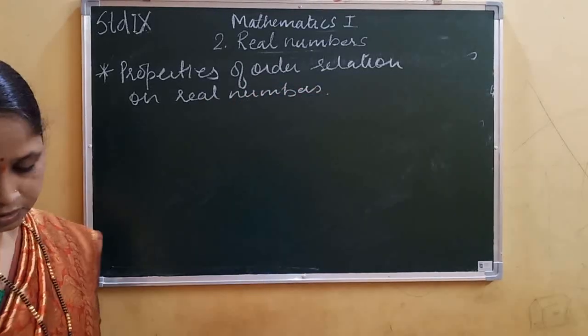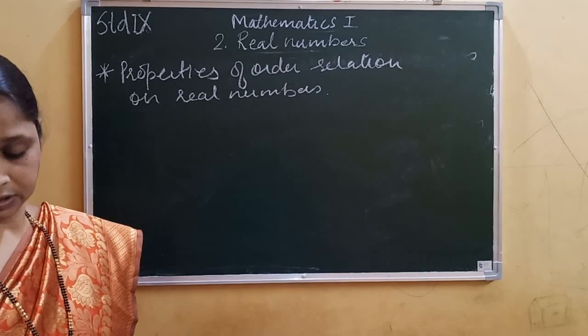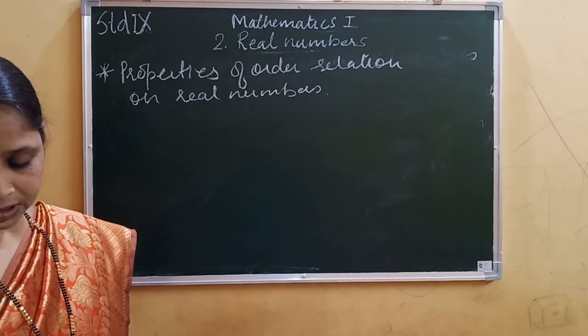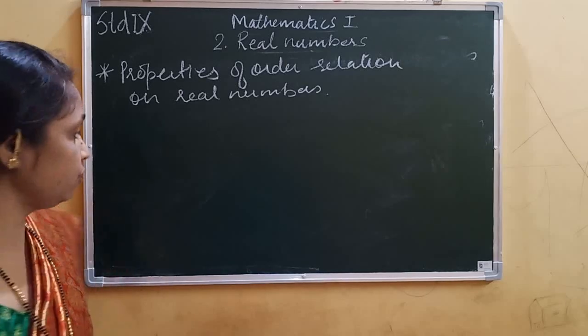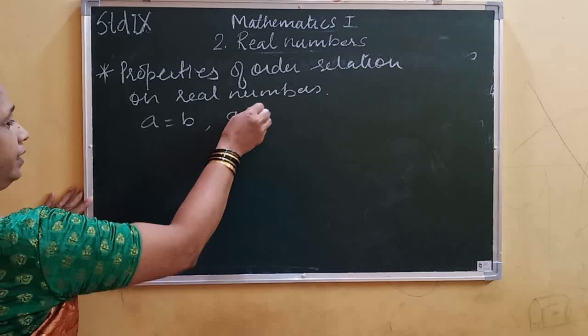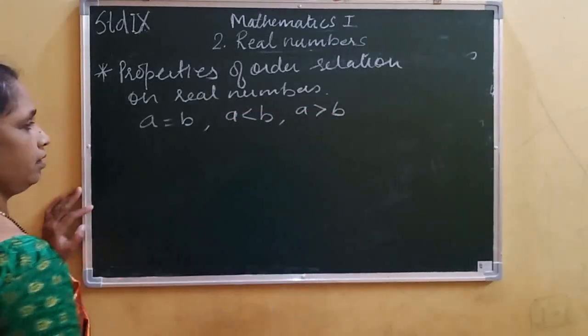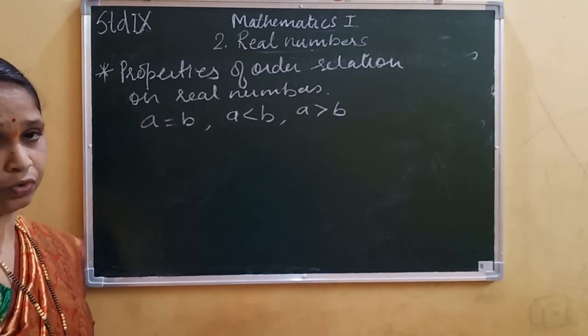Okay, now what we have, if A and B are two real numbers, then only one of the relations holds good. Means what? That is what? A will be equal to B, or A is less than B, or A is greater than B. Any one relation will hold good.